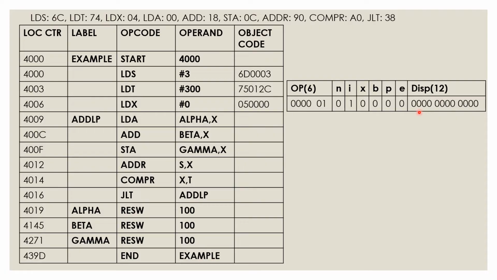So it is 0000, and here also 0, and here also 0. By grouping the first 4 bits, we get the value as 0, and the next 4 bits 0101 we get the value as 5, and the next 4 bits are 0, and the next 4 bits are also 0, next is 0, and the next is 0.